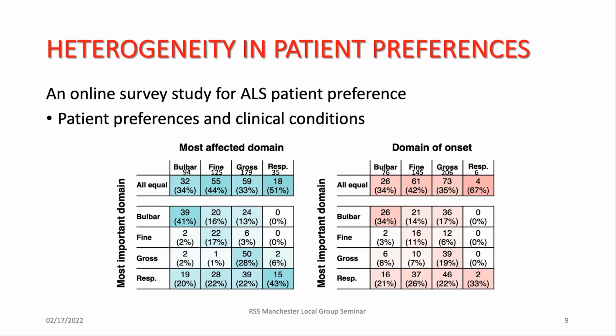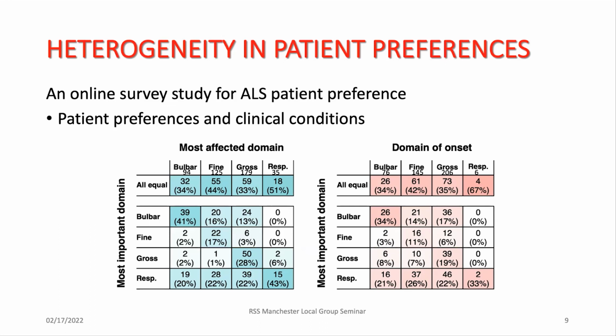Here we compared what influences their preference. We looked at the most important domain versus their clinically assessed most affected domain. There is some consistency there. You can see the diagonal has the highest percentage, but off the diagonal there are still quite a lot of patients. For example, more patients are concerned about respiratory regardless of their most affected domain, because respiratory is really the leading cause of death, right?